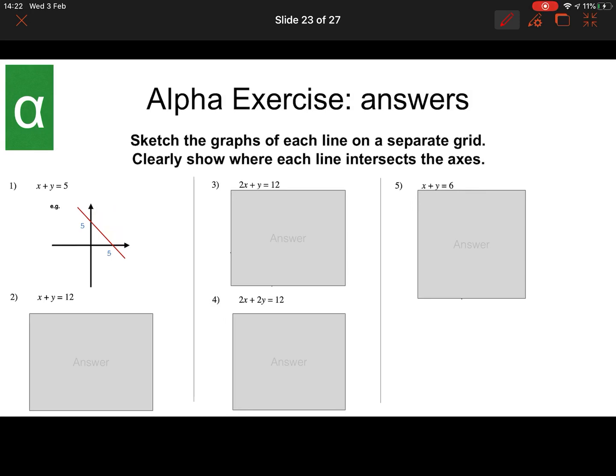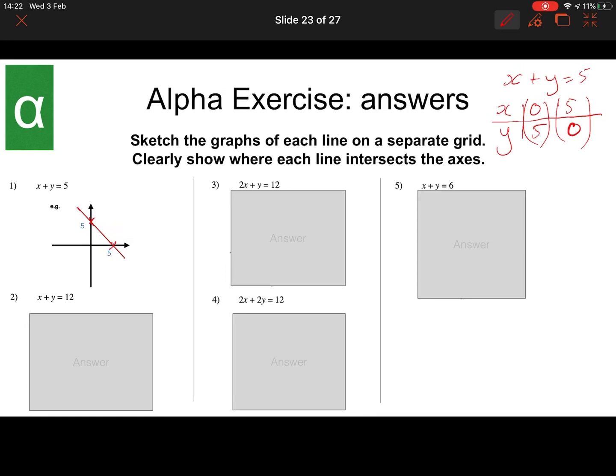Right, now, what I want you to do in your books is do some sketches of these graphs. Now, I've given you an example here. x plus y equals 5. I don't expect perfect plots. What I expect is a good sketch, okay? So we've done x plus y equals 5. We're trying to find 2 points, one where x is 0 and one where y is 0, and find the corresponding values.